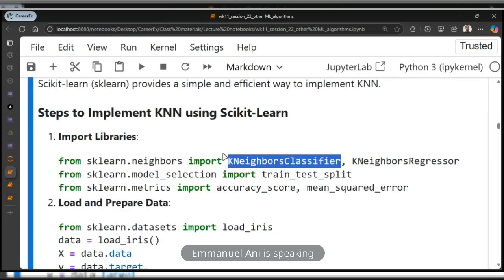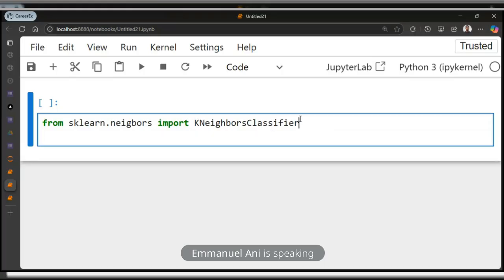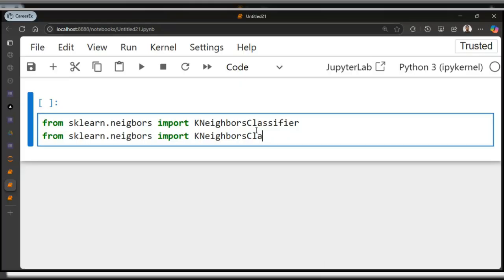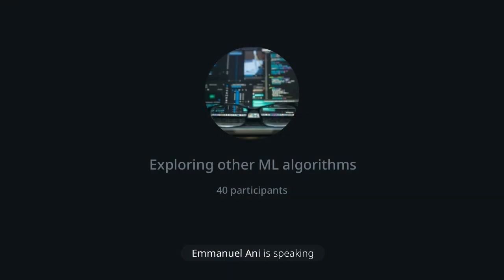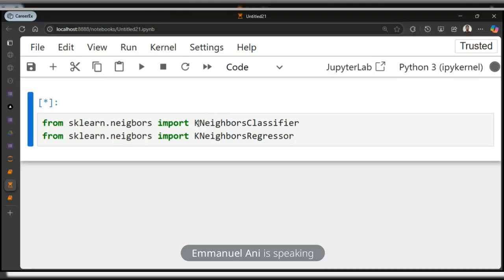There's no U here. So now the KNeighborsClassifier class here is going to be used for classification tasks, while KNeighborsRegressor is going to be used for regression tasks. So these are the classes that you're going to be using to build your KNN model.